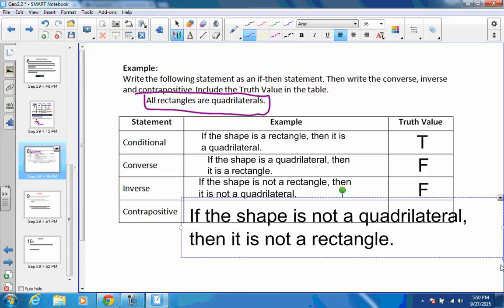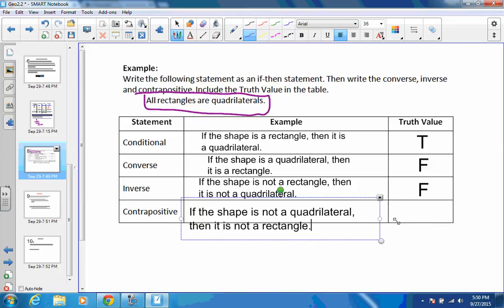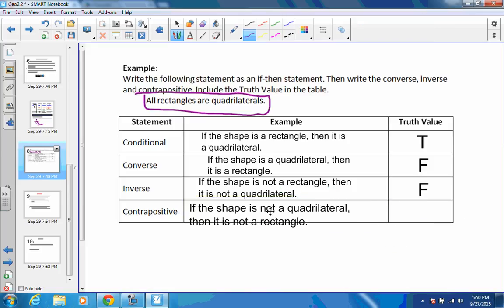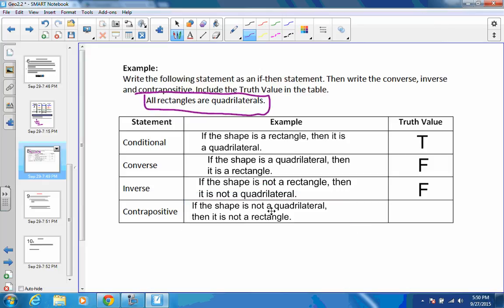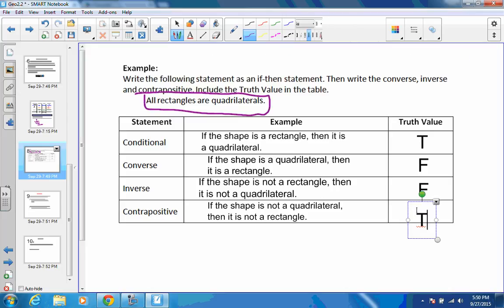So let's think, if it's not a quadrilateral, like a triangle, then it's definitely not a rectangle. Okay? Well, I can't think of an example. Let's see. Not a quadrilateral. What about a pentagon? It's not a rectangle. Hexagon, not a rectangle. I can't think of any counterexamples, so that is going to be a true statement. So that would be equivalent to the conditional.